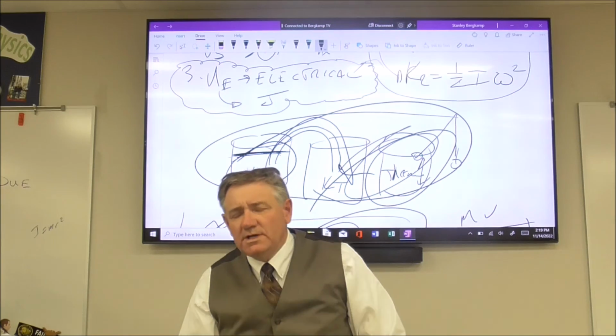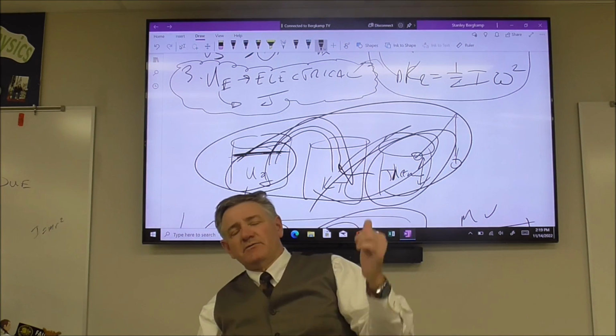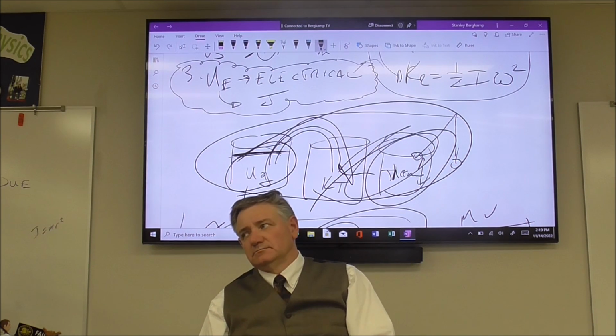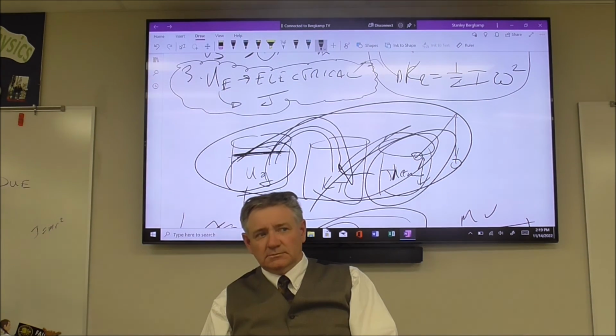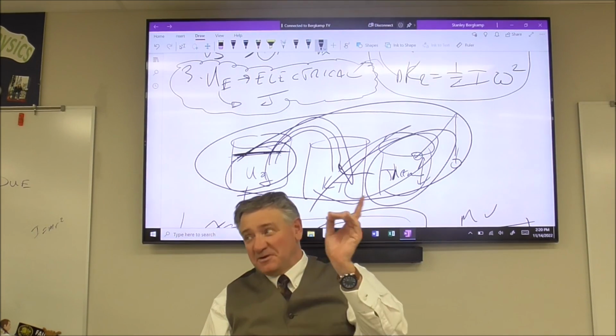So what do you know about a planet when it's furthest from the sun? Is that when it has its highest velocity or its lowest velocity? When it's furthest away, slowest. That's when it's going slowest. Law of equal areas in equal time.